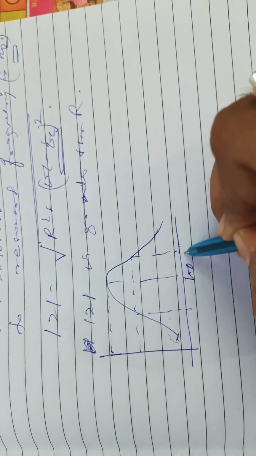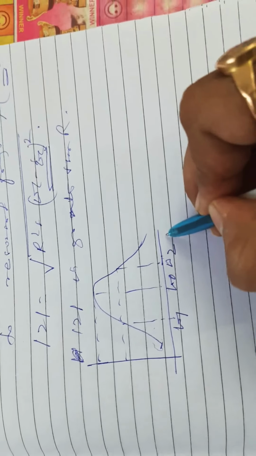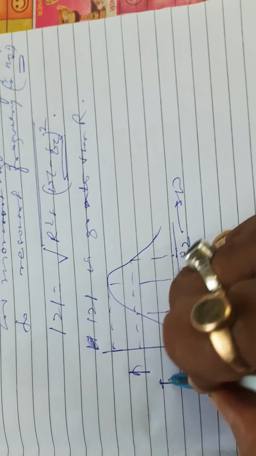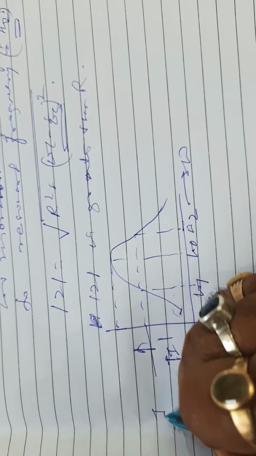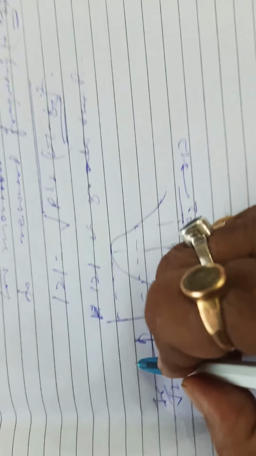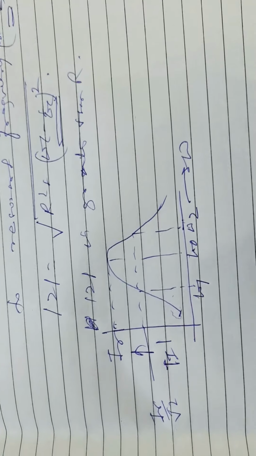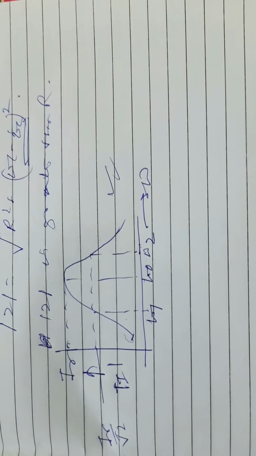This will be your omega naught, this will be omega 2, this is omega 1, this is the angular frequency, and this is mod of I. This one will represent I R by root 2, and this one is obviously I R.